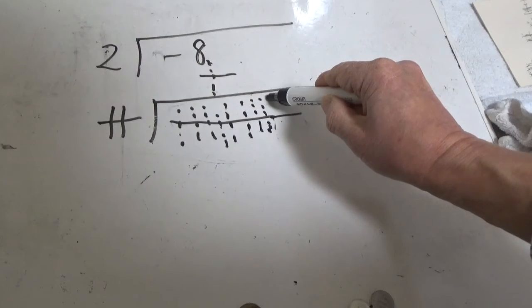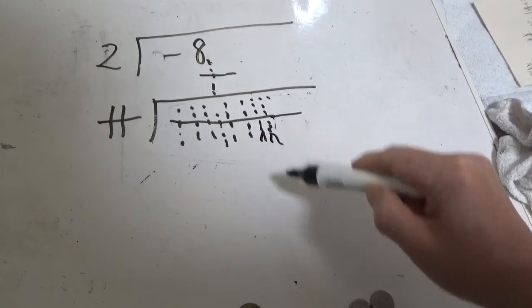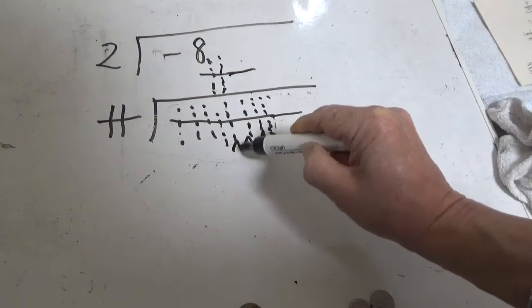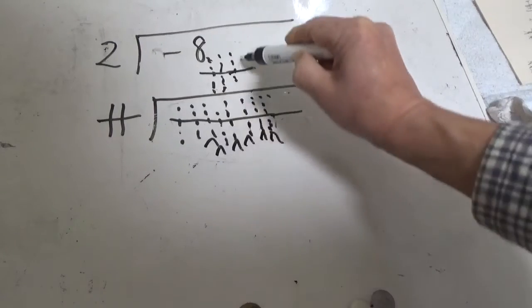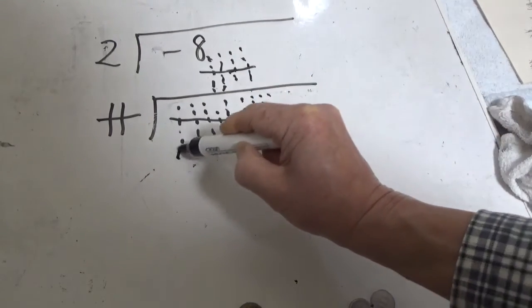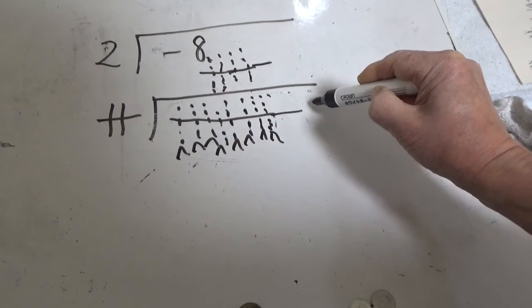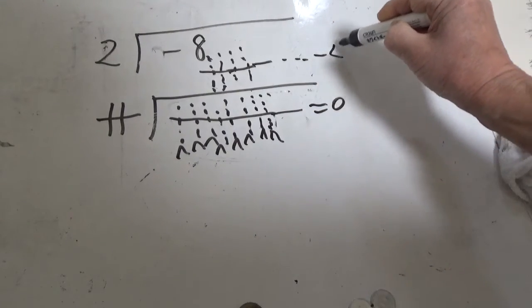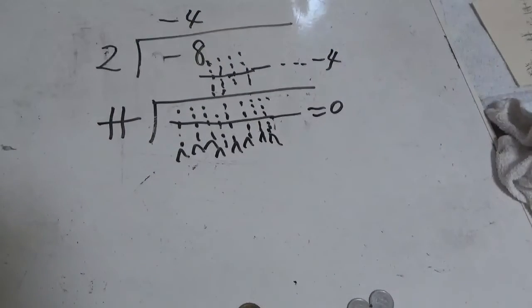Then I will add 2 to minus 8. I will add another 2. Okay. I will add another 2. Okay. I will add another 2. Okay. And it is 0. Minus 4. So minus 8 divided by 2 is minus 4.